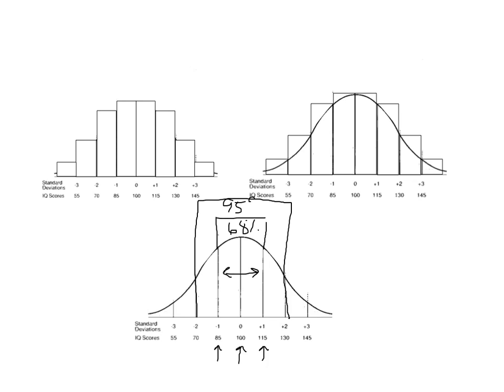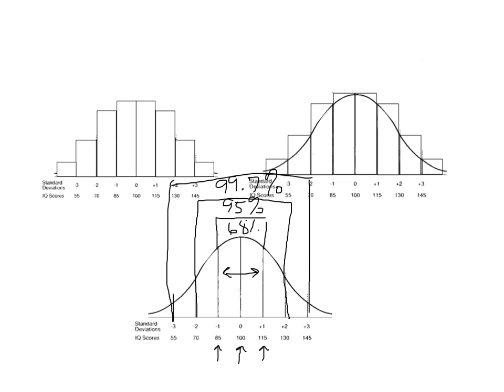Then you take it out to the third standard deviation, which I'm running out of room for here, and 99.7% of the population falls within 3 standard deviations from the mean.